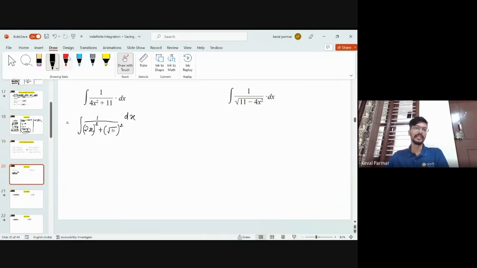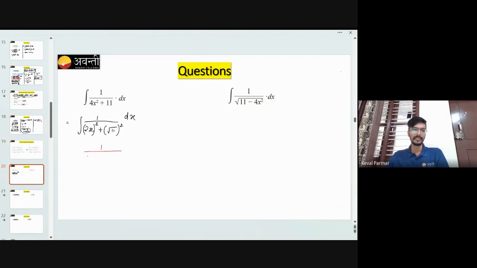So if you see, I can compare it with 1 upon x square plus a square, where in place of x we have 2x and in place of a we have under root of 11.